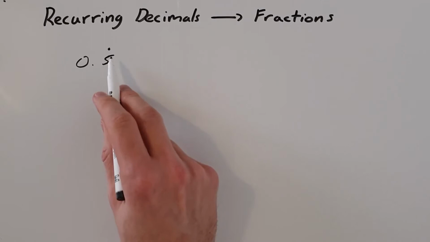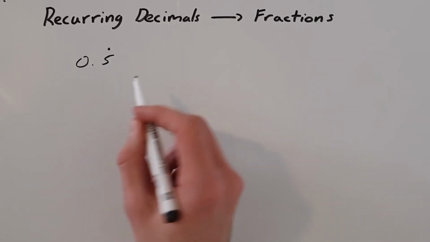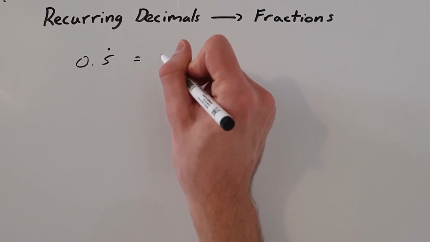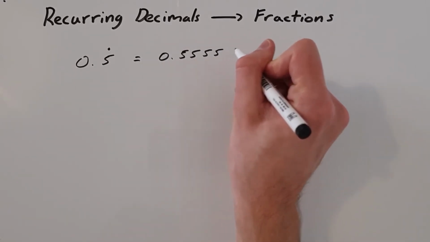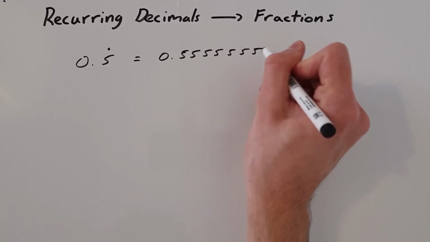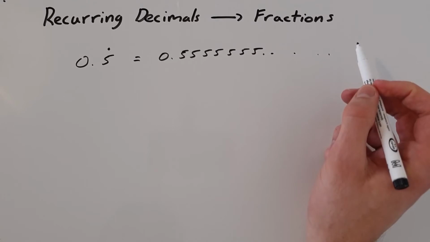So this little dot means that it's recurring, and it means that this number below will go on forever. So this is the exact same as writing 0.5555555, and that would keep going forever and ever and ever.